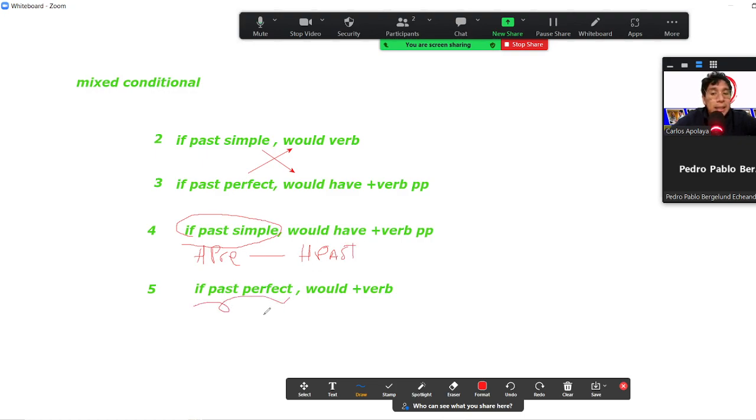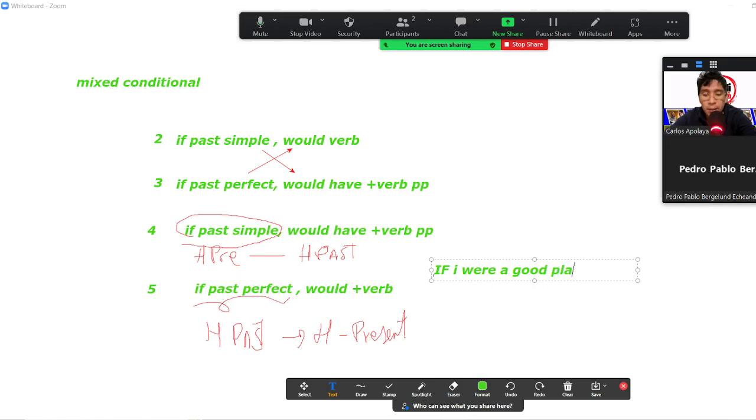A hypothetical situation in the past has a hypothetical result in the present. For example, if I were a good player, I would have been chosen.